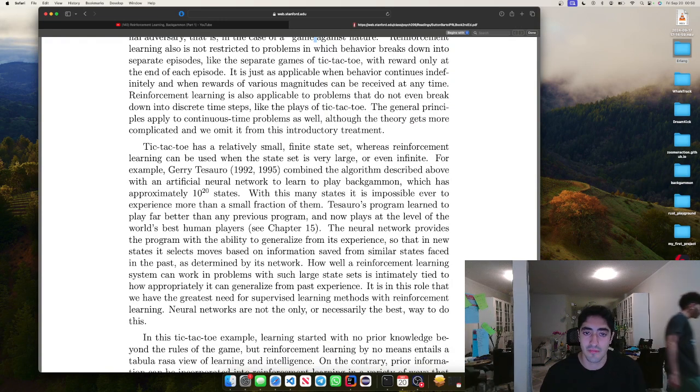Tic-tac-toe has a relatively small finite state set, whereas reinforcement learning can be used when the state set is very large or even infinite. For example, Gerald Tesauro, in 1992 and 1995, combined the algorithm described above with an artificial neural network to learn to play backgammon, which has approximately 10 to the 20 states.